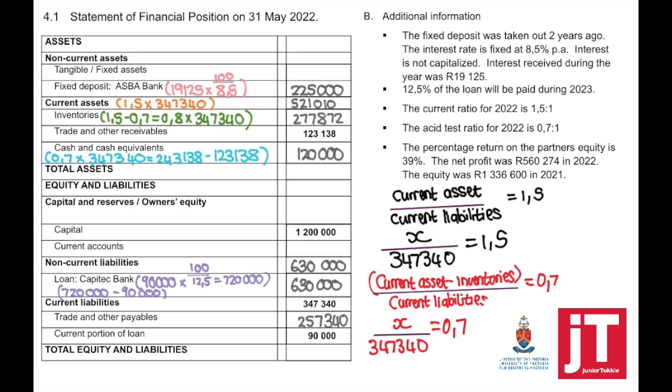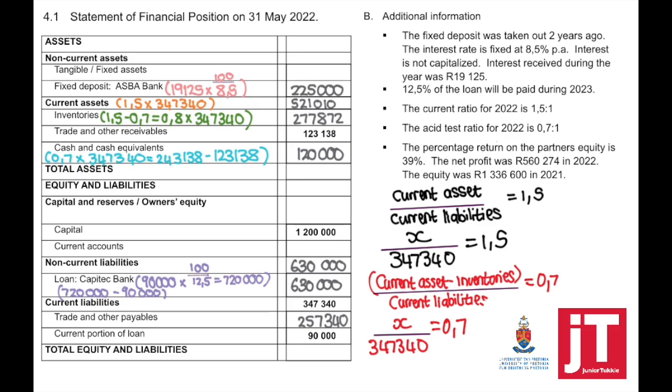What is a fact is that you should have solved the current assets before you could have solved one of those two figures. Or you should have solved the inventories and the trade and other receivables with the cash and cash equivalents, then you could have calculated the current assets. Again, there's different options that you could have used.